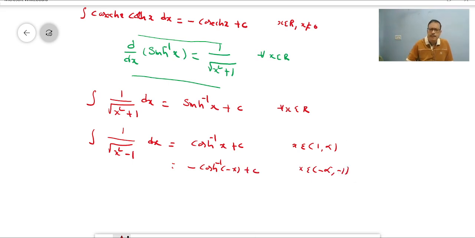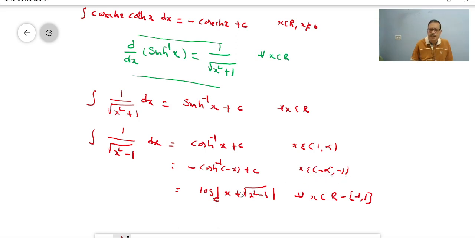At the same time, we can combine these two results also. Okay, so combining these two results, we get log of x plus root of x square minus 1 to base e, for all x belonging to R minus the closed interval from minus 1 to 1. So for x belonging to 1 comma infinity, you can write cos h inverse of x plus c, and minus cos h inverse of minus x plus c for x belonging to minus infinity comma minus 1.